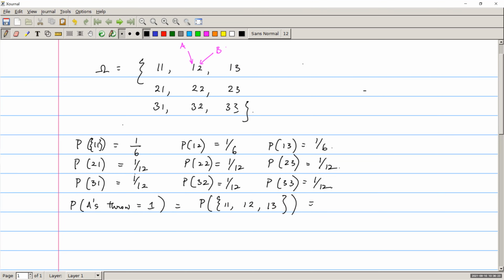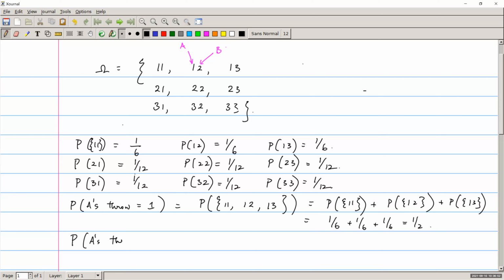We saw how to assign probability to this set. We write it as a disjoint union, and because we know the probability of the single element subsets, this is 1/6 plus 1/6 plus 1/6, which is 1/2. What's the probability A's throw is 2?